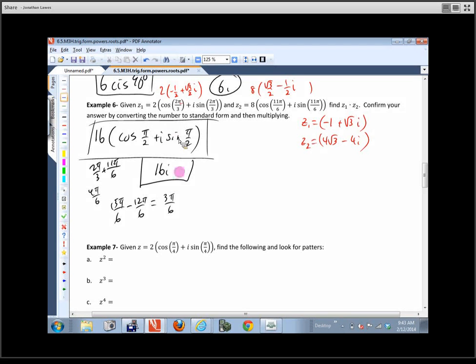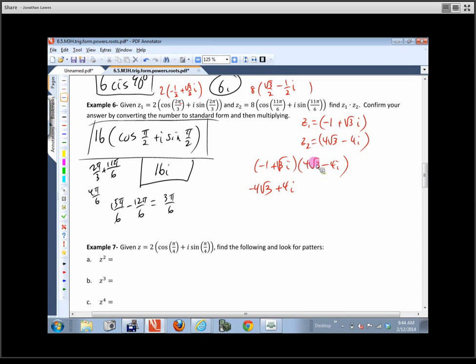Okay, now look how easy it was to multiply these together in trig form. Let's do this: negative 1 plus 3 radical 3i, times 4 radical 3 minus 4i. So let's multiply these together. That's going to be minus 4 radical 3. This one's going to be plus 4i.